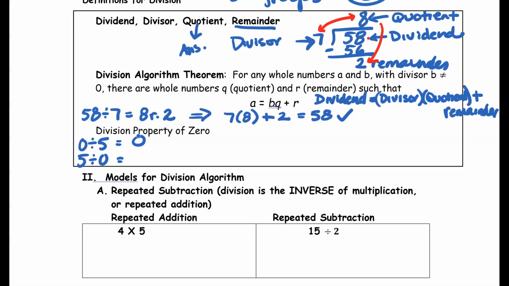Your calculator gives you an answer, not a problem. When you do 5 divided by 0, you end up getting some sort of error message. That means this is what we call undefined, which means you can't do it. So it's impossible to divide by 0, but it is possible to divide 0 by any number, and that will always be 0. So let's talk about why that is.